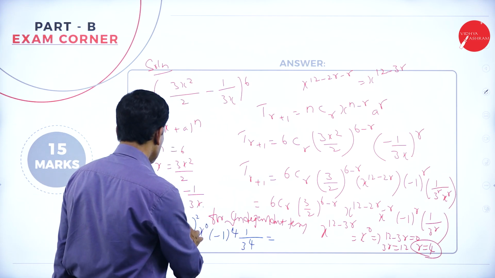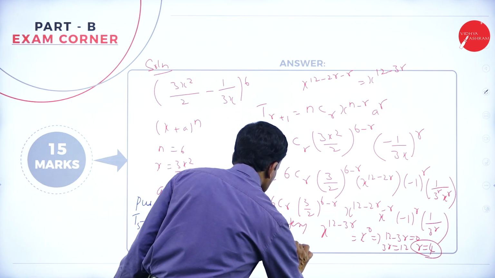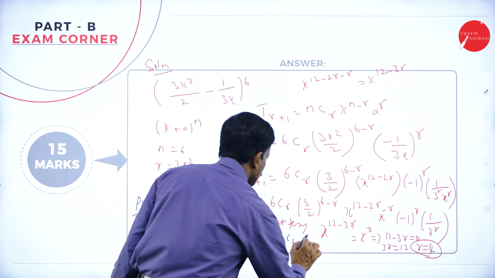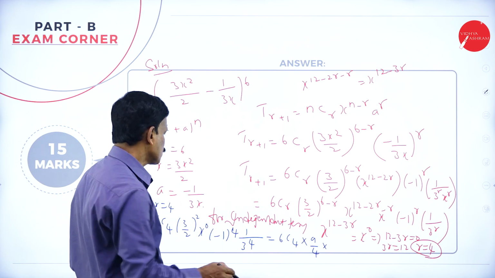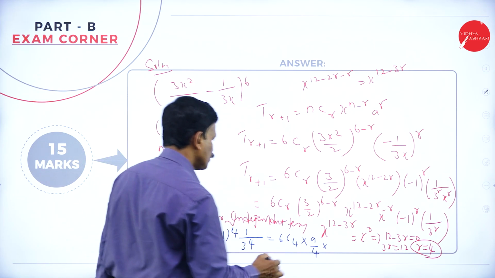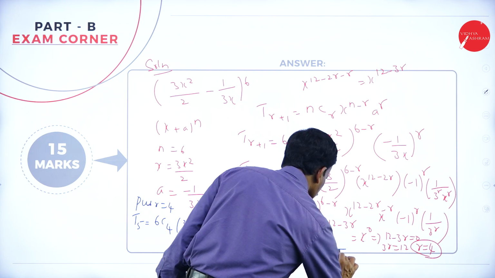So (3/2) squared, that is nothing but 6C4 into 9 divided by 4, into plus 1, and 1 over 3 to the power of 4.